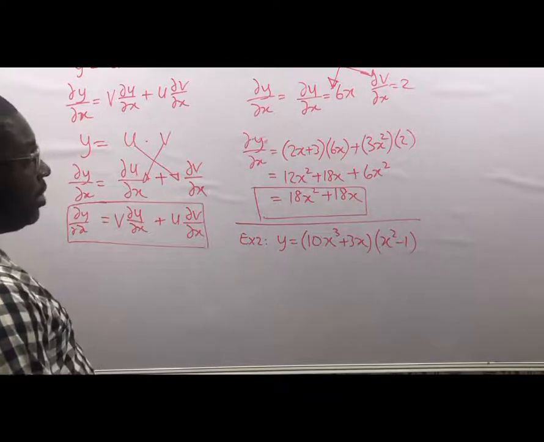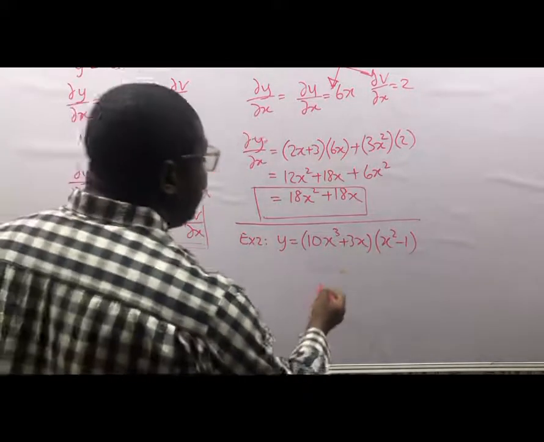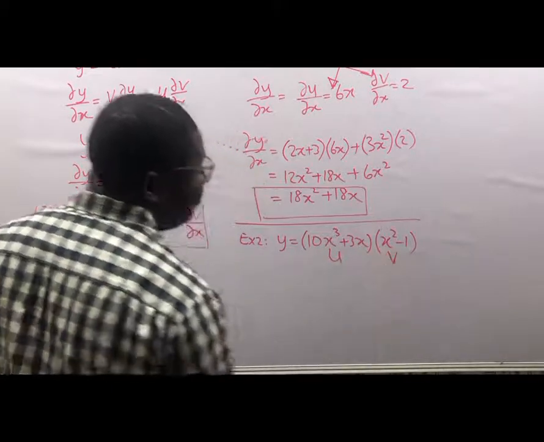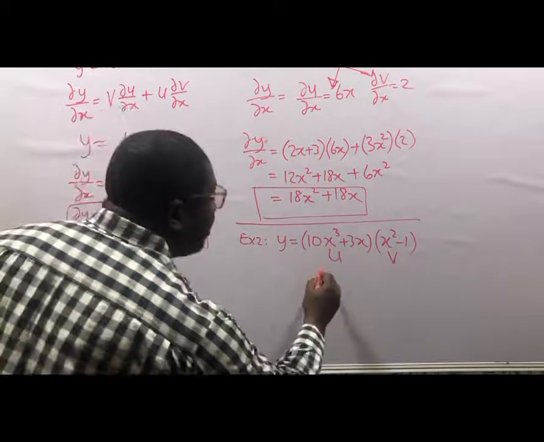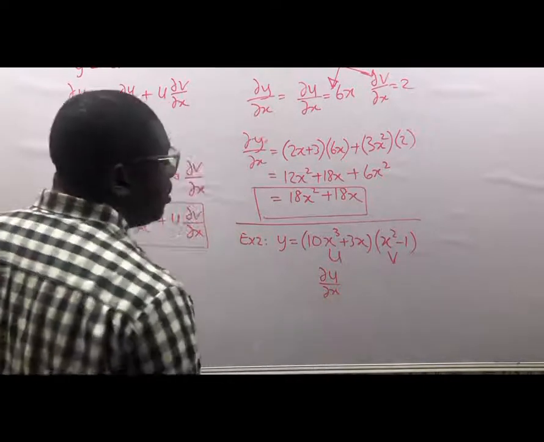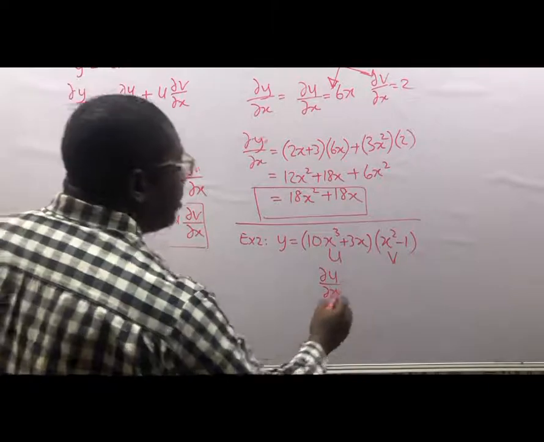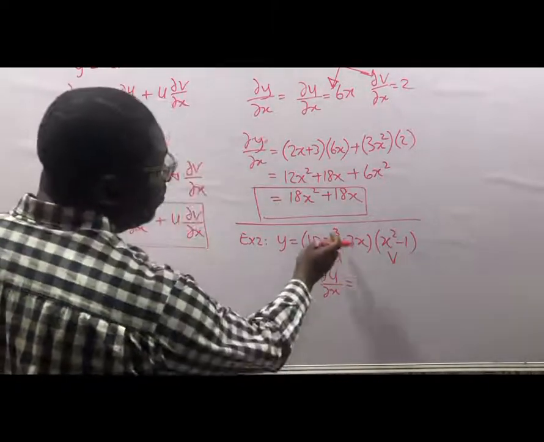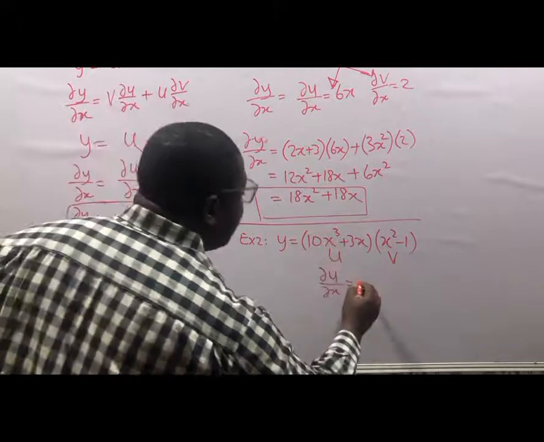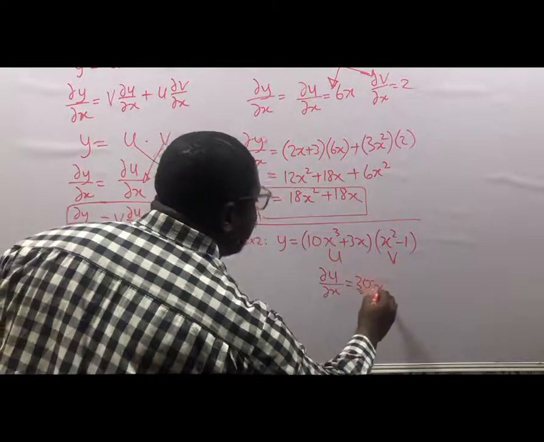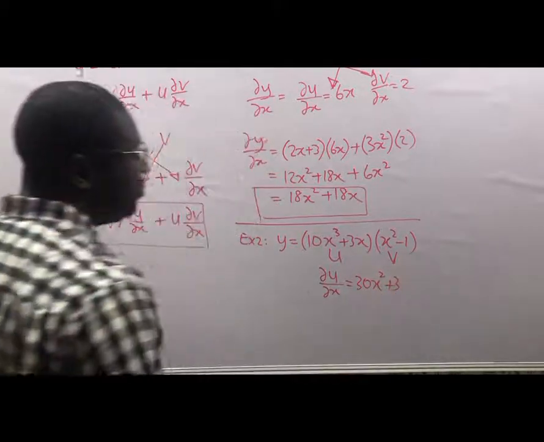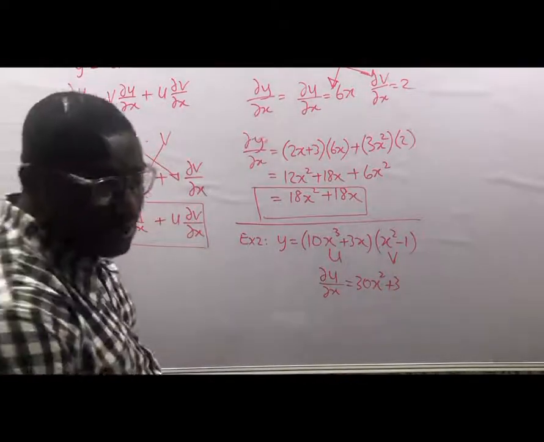Now, as we did the other time, let's say this is u and this is v. So let's find du dx. The du dx, as we can see, is going to be 3 times 10, that will be 30x raised to the power 2 plus 3. That will be du dx.